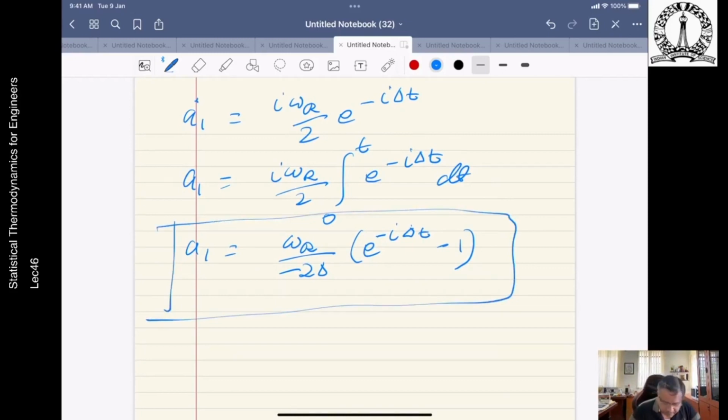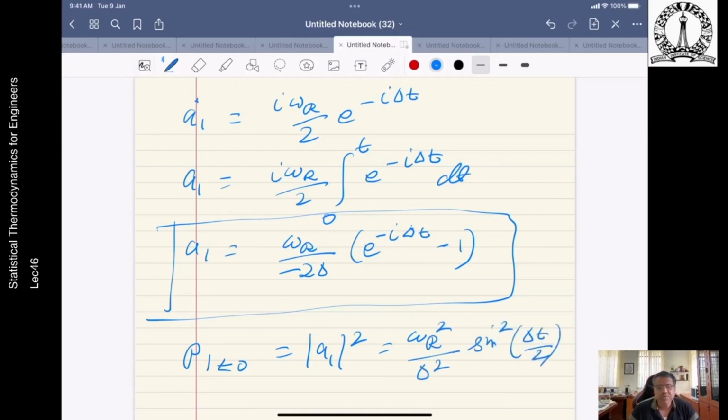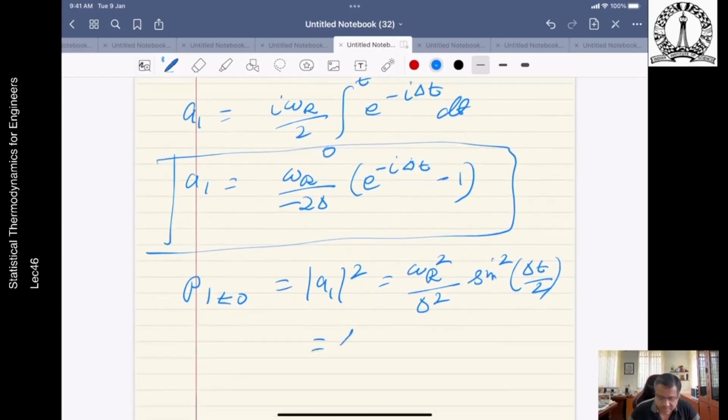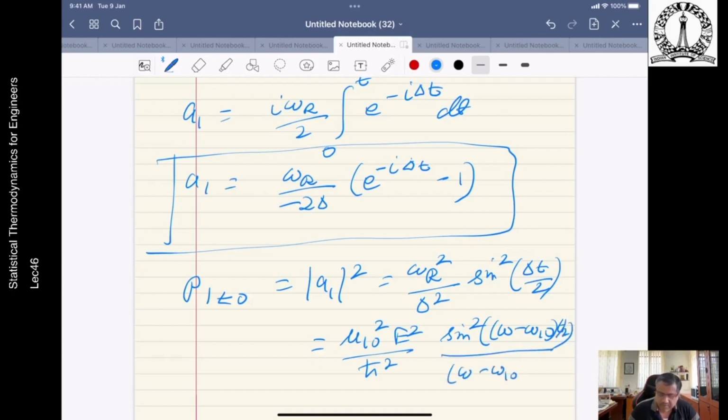That probability, P1 of t, is A1 square, given as omega r square by delta square times sine square delta t by 2, which is equal to mu1 naught square E square by h bar square times sine square of omega minus omega 1 naught t by 2, divided by omega minus omega 1 square.